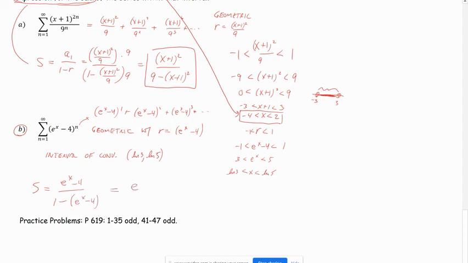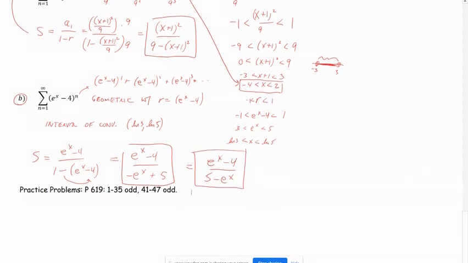So our sum is e^(x-4) over negative e^x plus 5, because when I distribute the negative sign, that becomes plus 4, and 1 plus 4 is 5. And so that is our sum, which you could also write as e^(x-4) over 5 minus e^x. That would be algebraically the same thing.